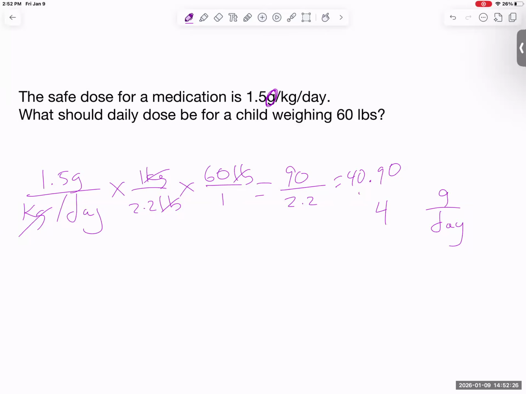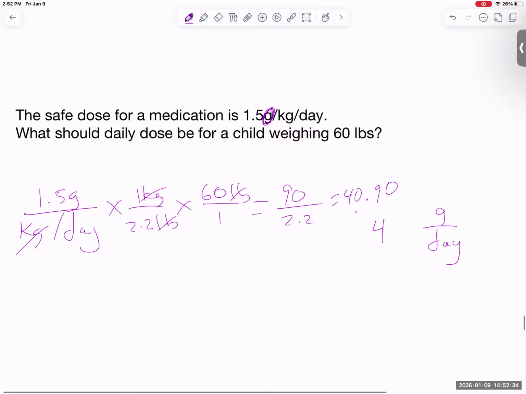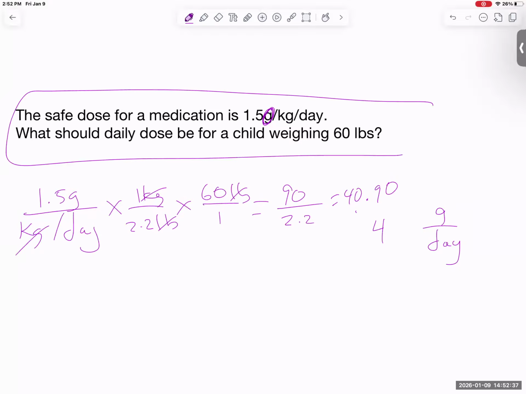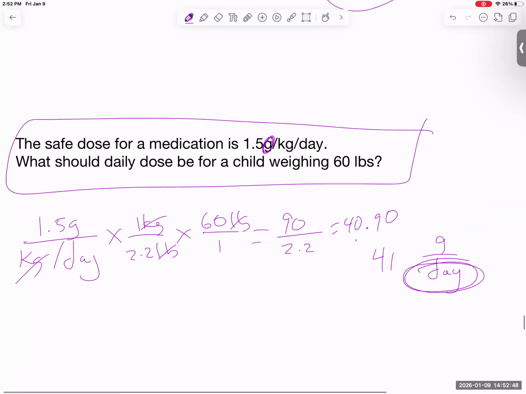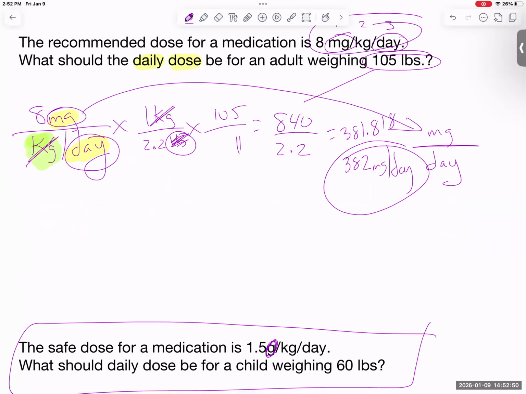If you wrote dose and the patient ended up getting it 4 times, you would have overdosed the patient. These questions are asking what's the safe amount the patient should get for the entire day. If you're not sure, just don't put it.